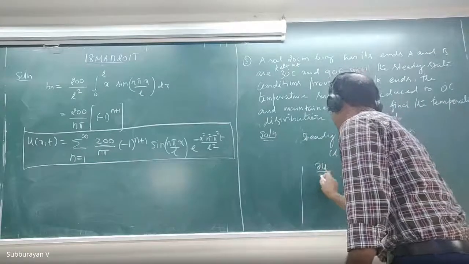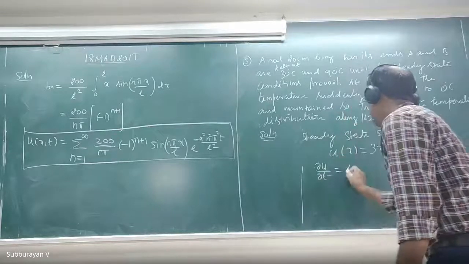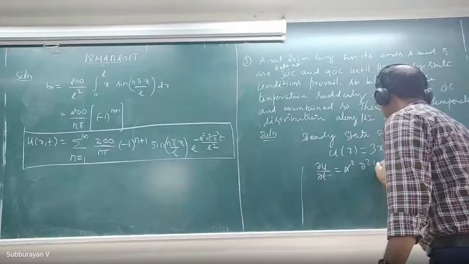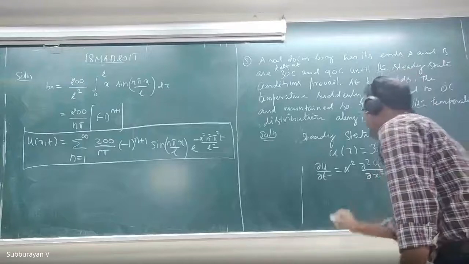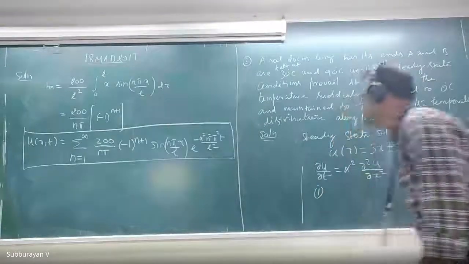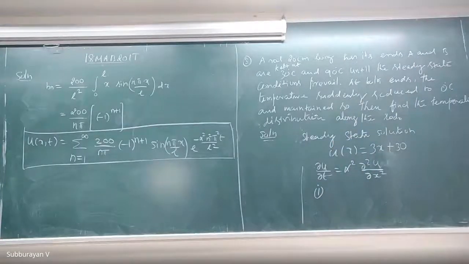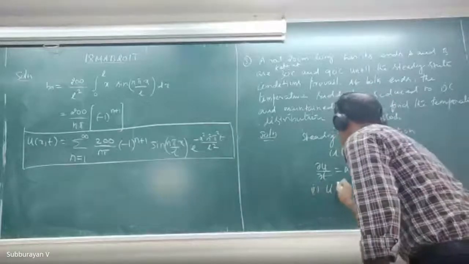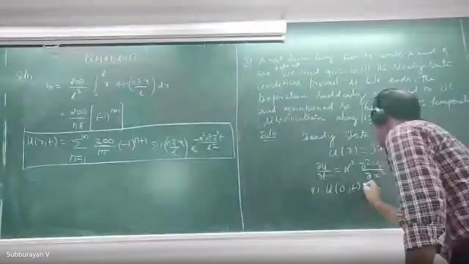Dou u by dou t equal to alpha square into dou square u divided by dou x square. And what is the first condition? u of 0 comma t is equal to 0.